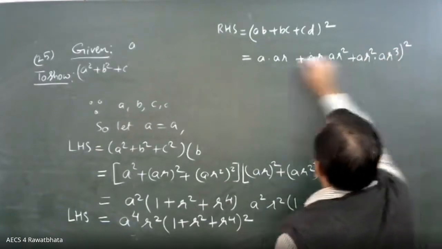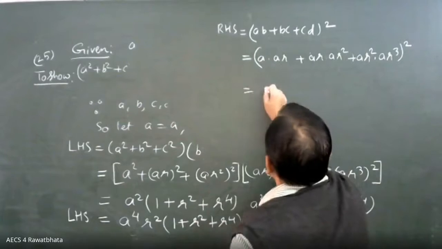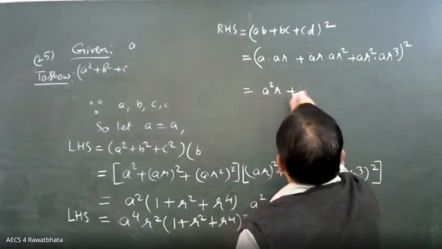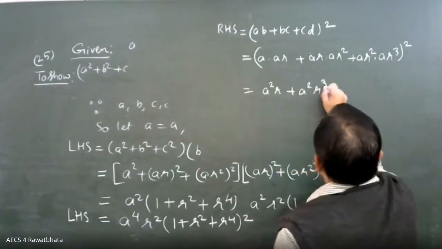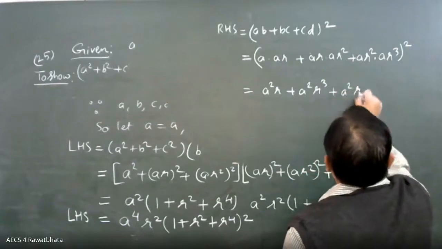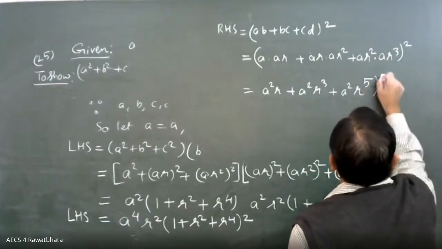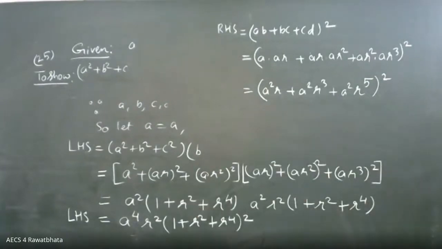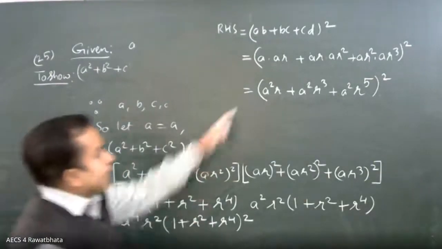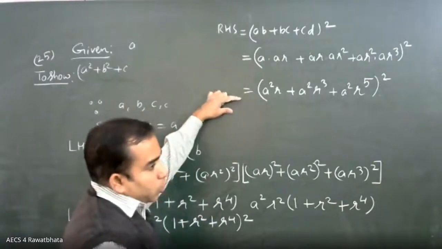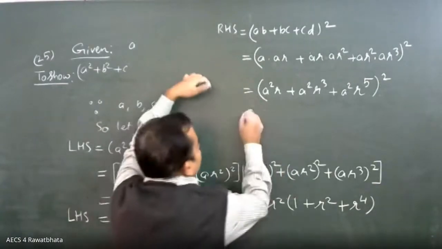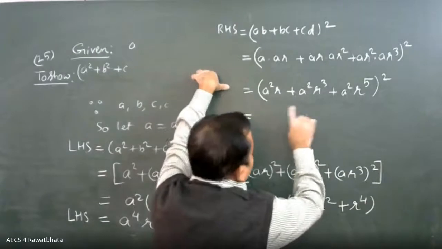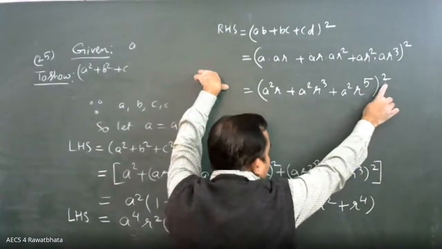To whole square. And if you simplify, this becomes (A square R plus A square R cube plus A square R raised to power 3 plus 2, 5) whole square. Right. Now also something is common. You can see A square R is common. So A square R out, and out of the bracket, whole square will appear.